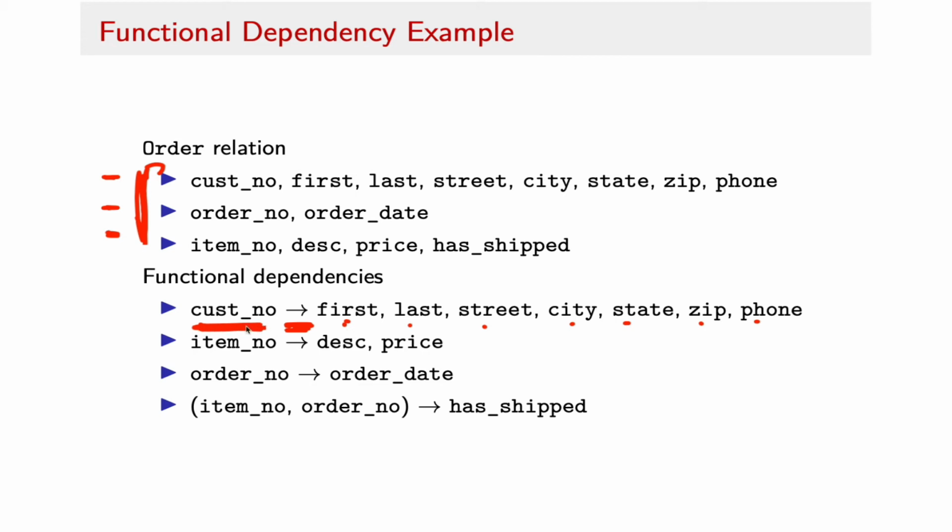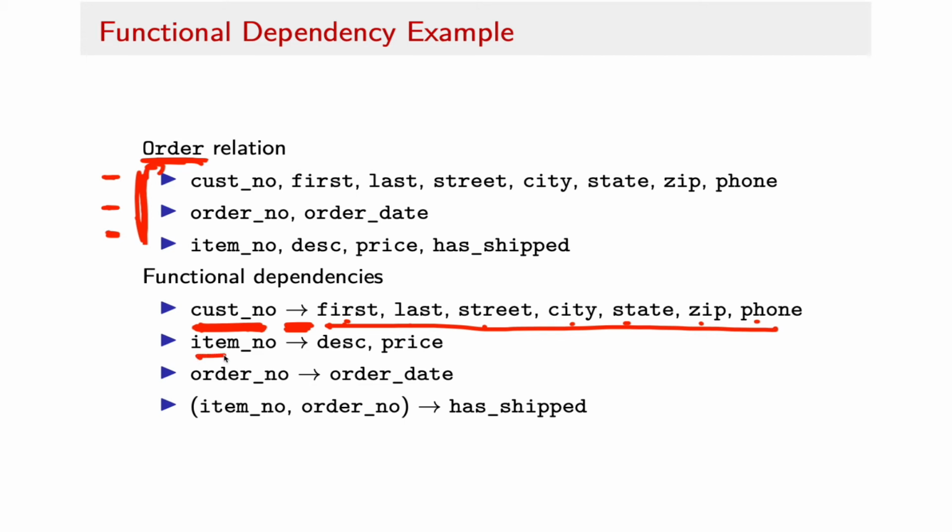I'm not saying anything necessarily about primary keys, but because I know that customer number is a candidate key, one of the ones we identified before when we were talking about first normal form, I can say that this functional dependency exists. Given the customer number, I would expect that any row of the order relation where I find that customer number, I would find all of the same values for these other attributes.